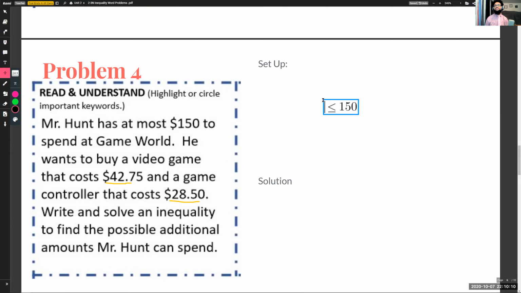It tells us that he has $42.75 to spend on a game that he wants. Then he has another $28.50 to spend on a controller, okay? So now plus $28.50. And now we need to figure out how much more he has to spend on anything else in the store.